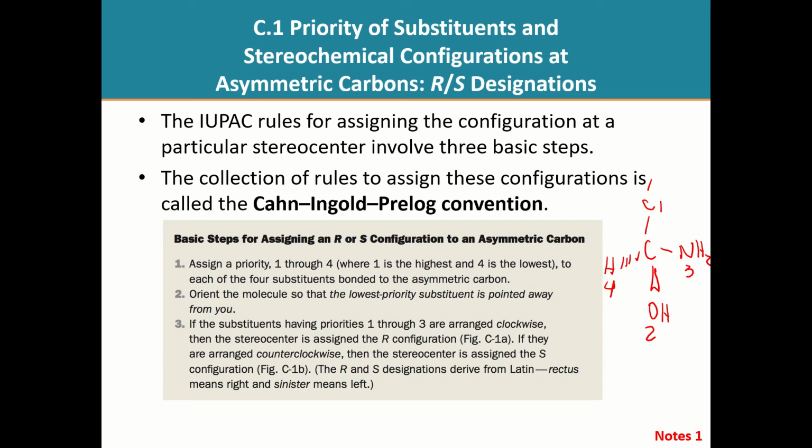You don't worry about number 4. If we go from 1 to 2 to 3, the arrow is going counterclockwise. And when it goes through numbers 1, 2, and 3 in the counterclockwise direction, that is an S configuration.